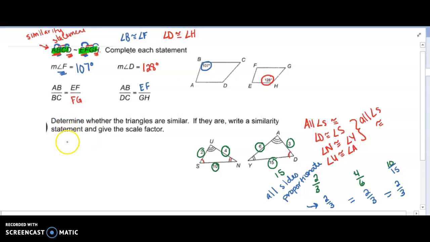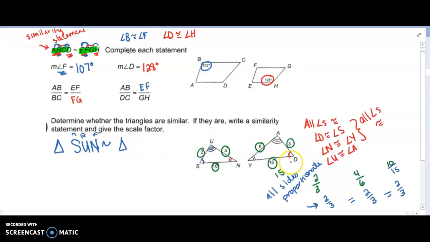And therefore, yes, triangle SUN is similar to triangle. Now remember, I have to match the order. So the S is just the single hash mark, so I'm going to put a single hash mark. Angle U is 1, 2, 3. And N is the 2. So when I go over here, I have to put it in the same order.